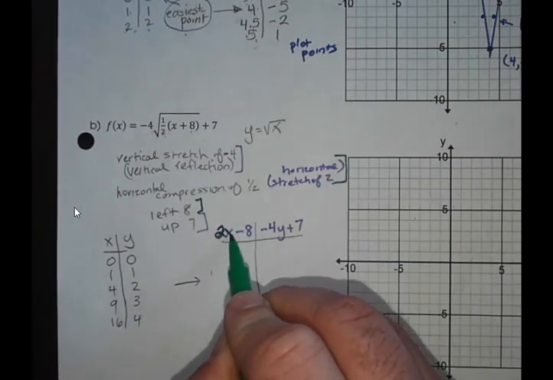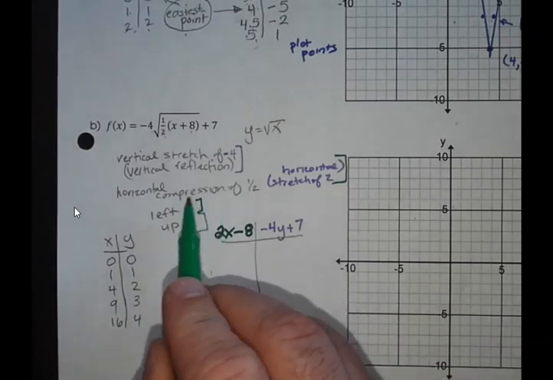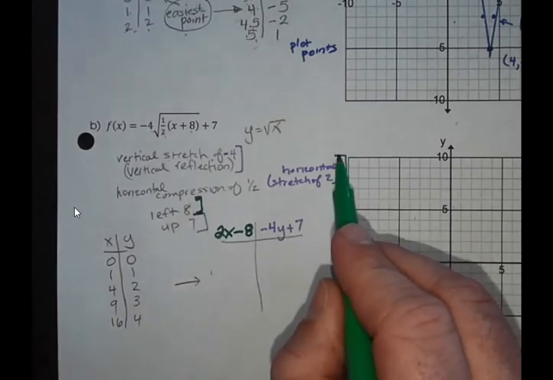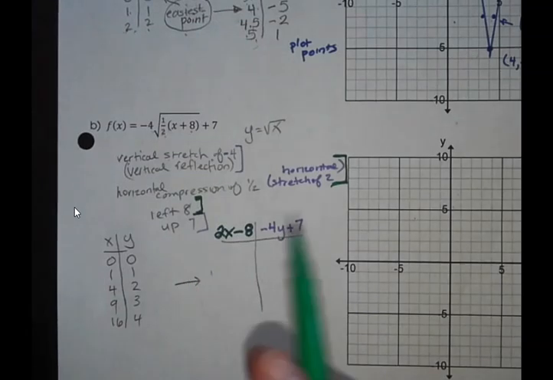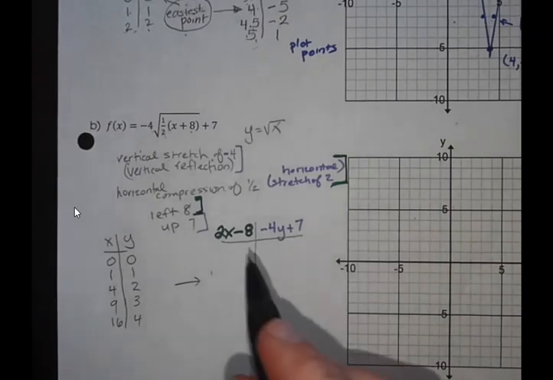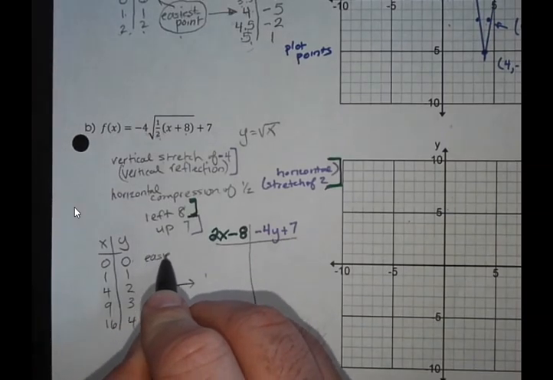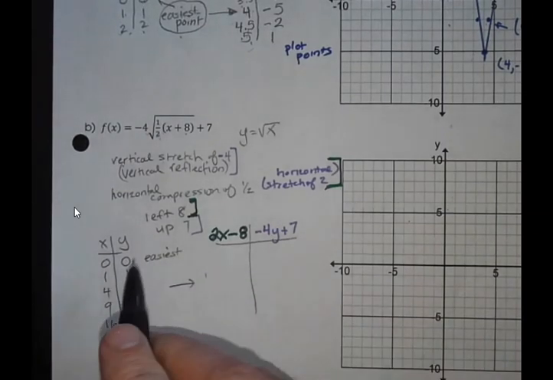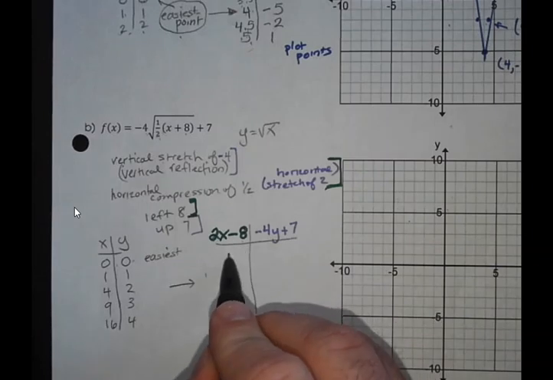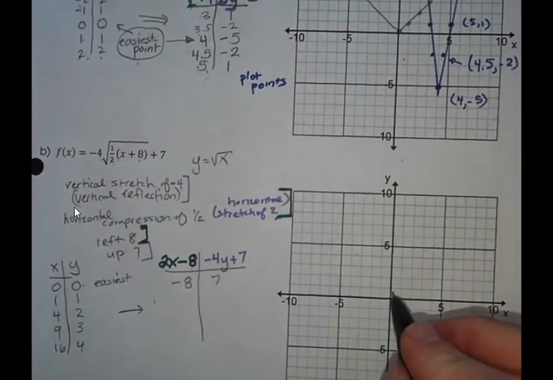This should be 2x minus 8. So the hard part is picking out which transformations are happening in the x direction, left, right, and what's happening to our up, down transformations. Then we start at the easiest point. 0, 0 is the easiest point to start at. All right, 0, 0, that means I have negative 8 and 7. Actually, we probably should have plotted this first.